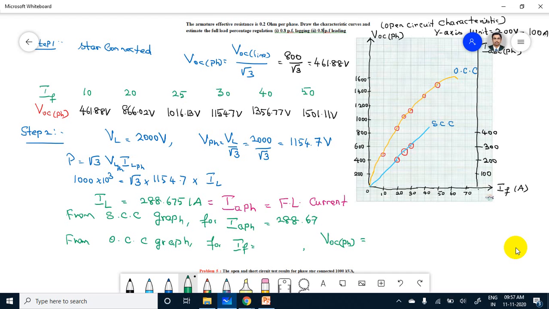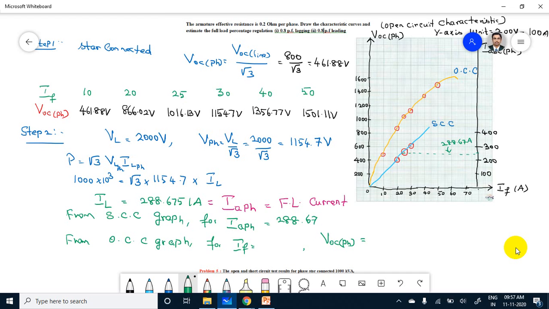For 288.67, this line. This is 300, and this is 288. So please draw the line directly. This line is 288.67 ampere. This dotted line should touch the short circuit curve.